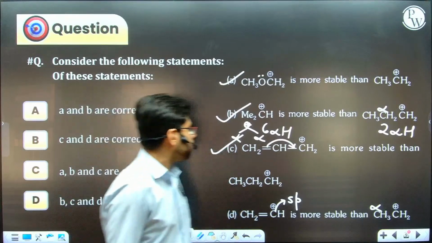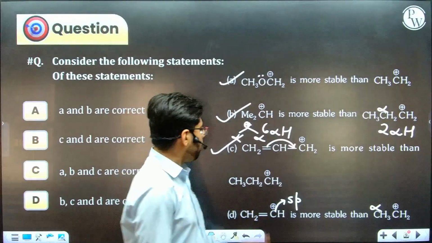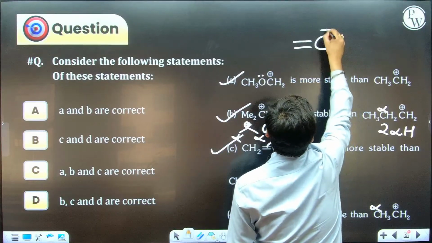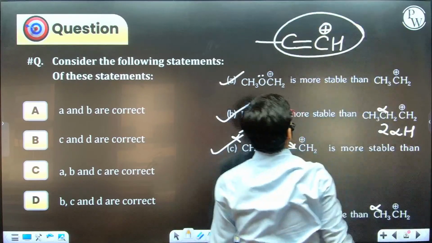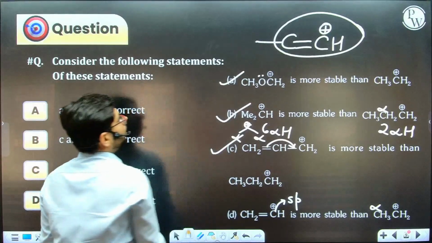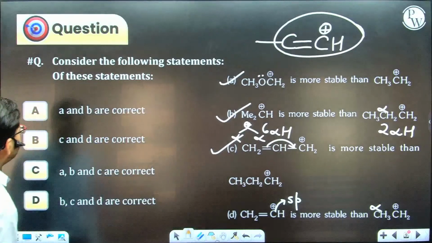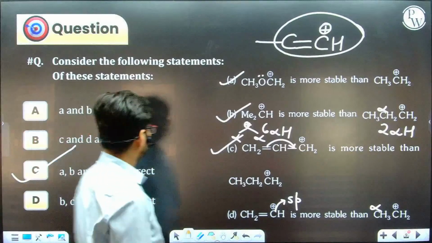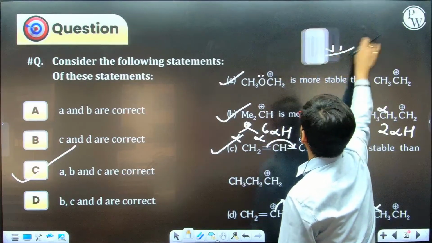So in short, remember that such carbocations are highly unstable. They are not formed, because whenever you have this system, we will say straight away this is highly unstable. Fine. So A, B and C are correct statements. This is highly unstable, so never form this.